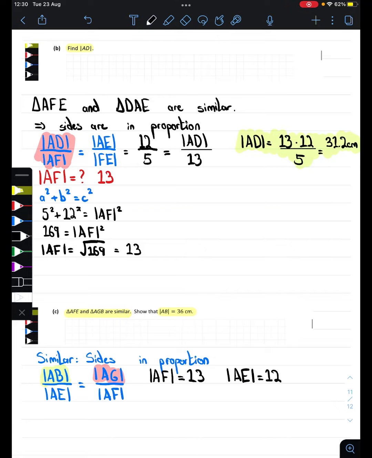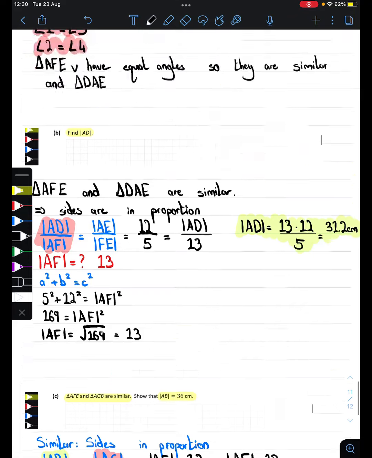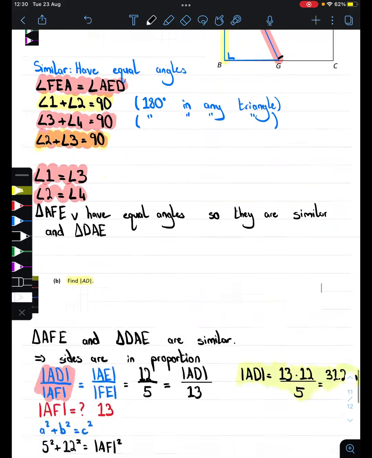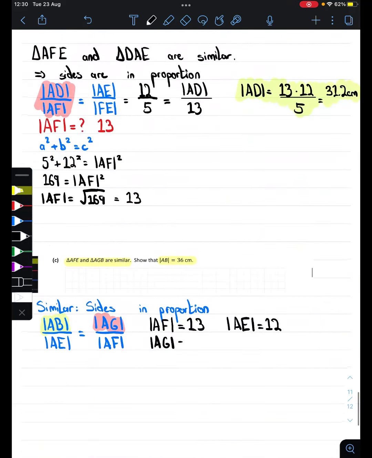But finding AG is very easy, because E is on the line AG, and this portion is 12 centimeters, and this portion is 27 centimeters, so the whole thing is just 12 plus 27 centimeters equals 39 centimeters.